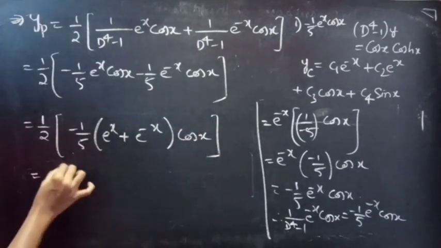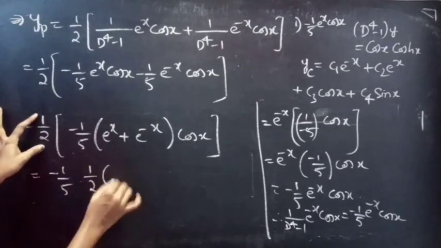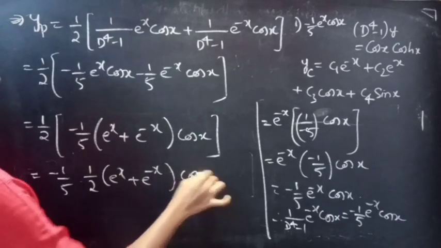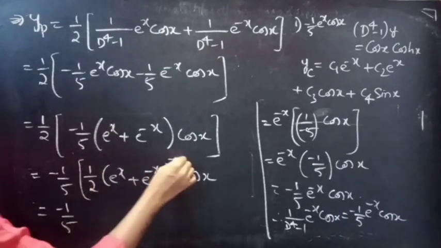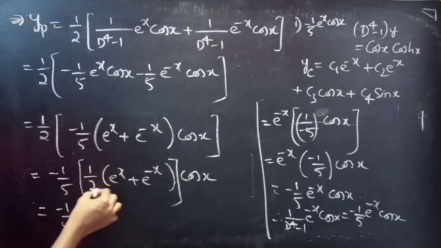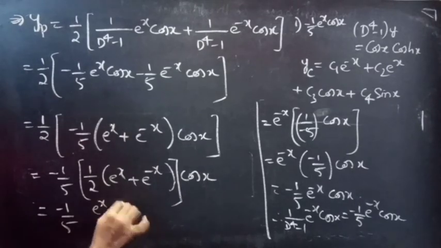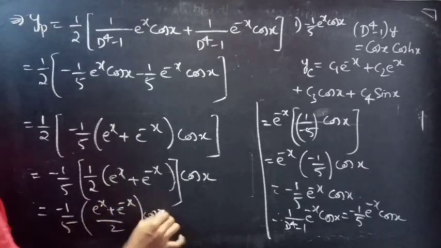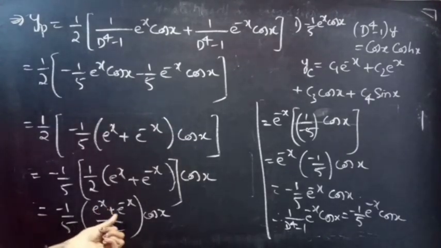Again, we can write this as minus 1 by 5 into 1 by 2 into e power x plus e power minus x, into cos x, right? This equals minus 1 by 5 into e power x plus e power minus x by 2 into cos x, since we know that e power x plus e power minus x by 2 is cos hx.